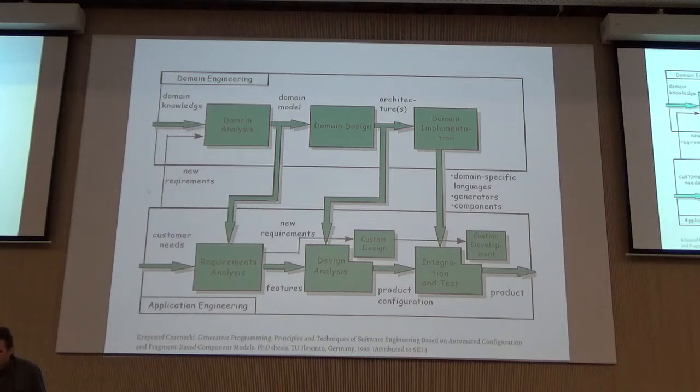So you will need to reflect these new requirements in your product line if you want to have these things readily applicable for other instances of your system. This is the general scheme of how to develop systems using this approach of software product lines.